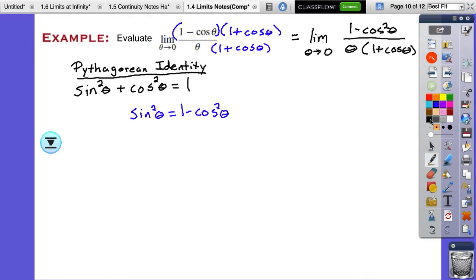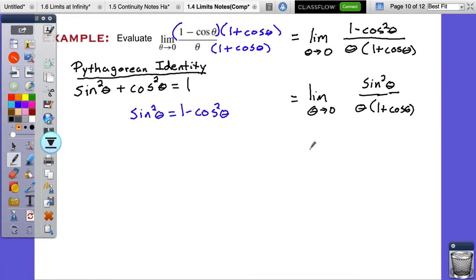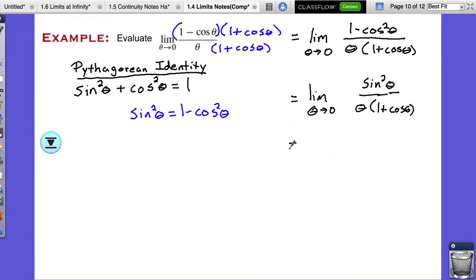So I can actually replace that with sine squared, and we still have our denominator. Doing that, we can now break our fraction up into parts that we know the limit of, and parts we can evaluate the limit of.